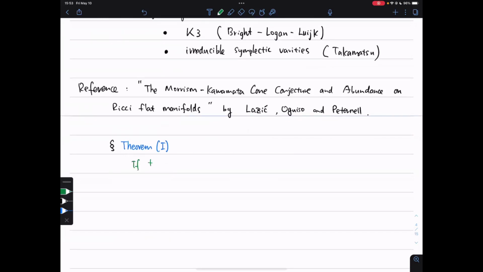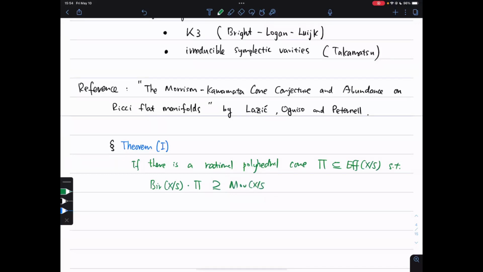If there is a rational polyhedral cone Π inside of the effective cone, such that under the birational action it contains the movable cone, then the cone conjecture holds. So this is the first result I want to present.